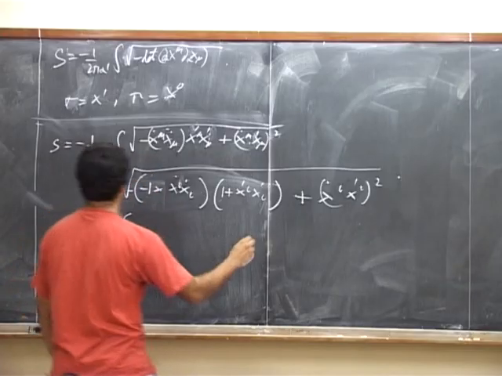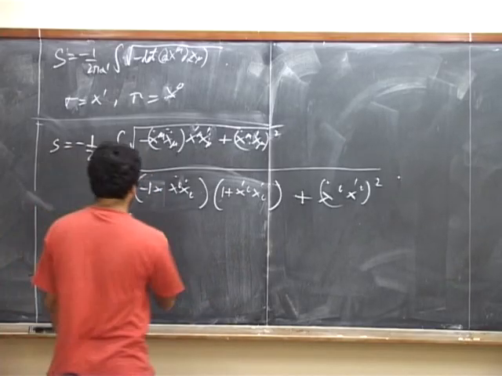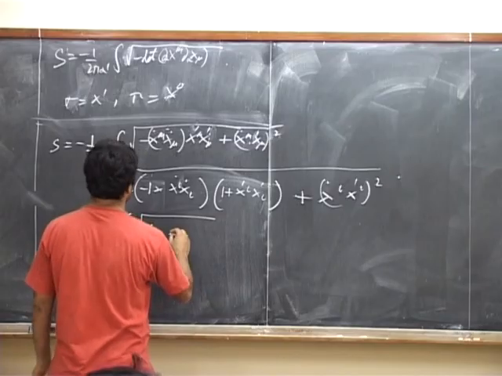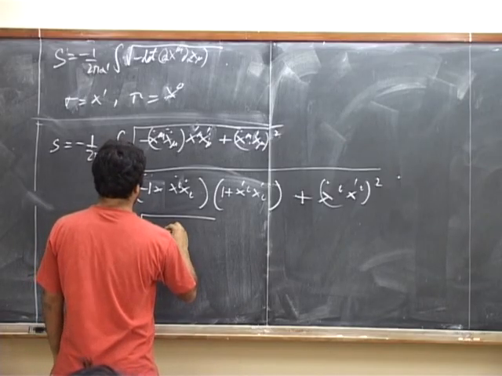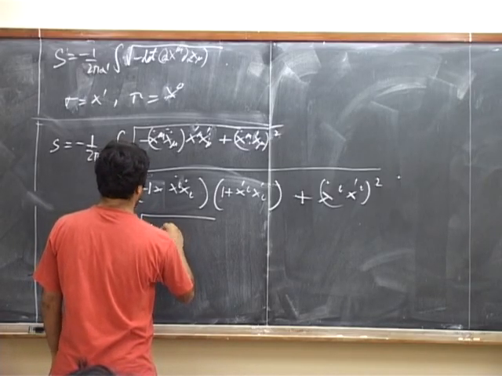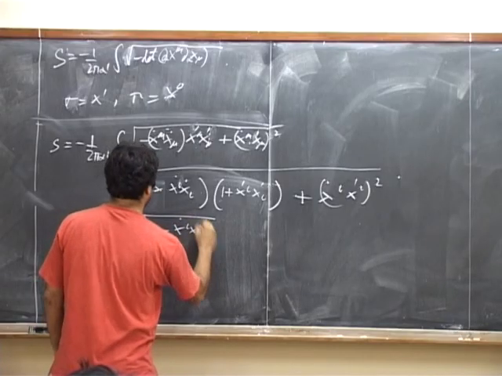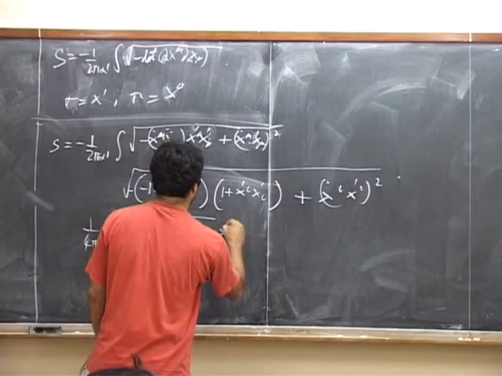And there was a minus sign here from this minus sign. So we get the integral of 1 minus xi dot xi dot plus xi prime xi.